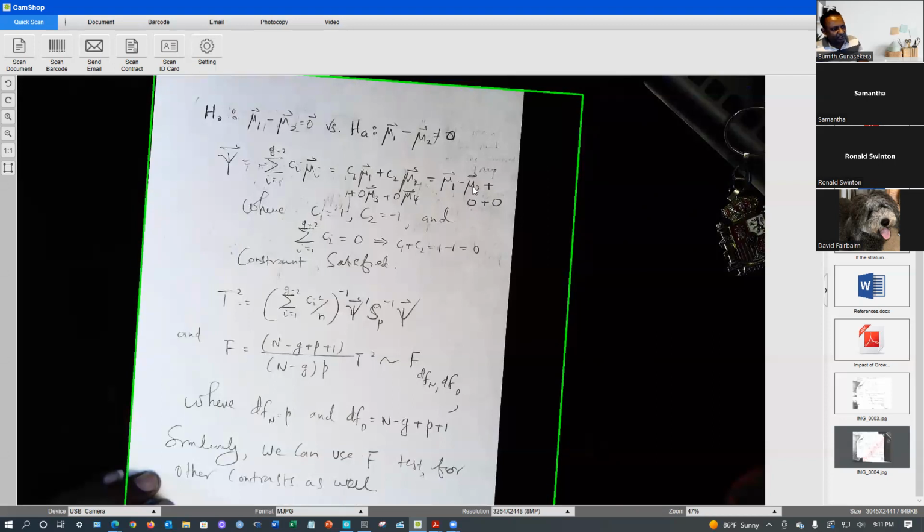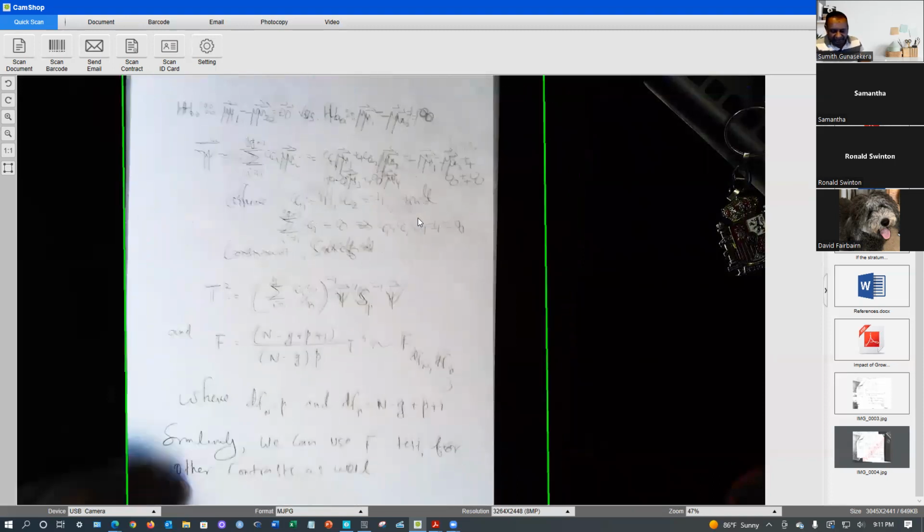That means mu1 minus mu2 with 0 and 0 for the others. C1 is 1, C2 is negative 1.